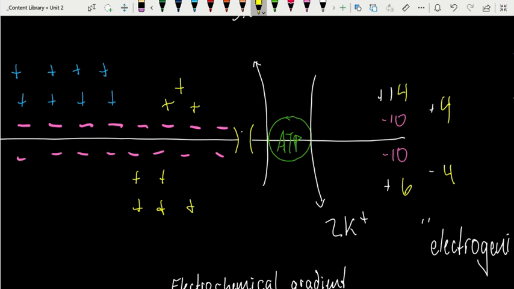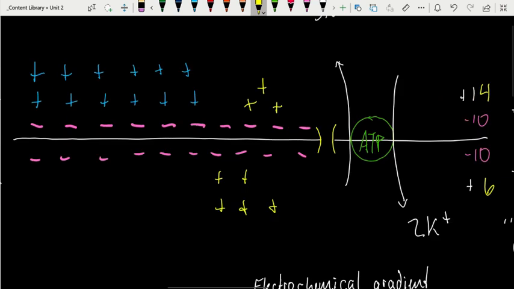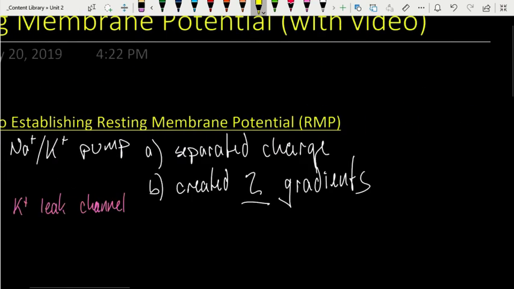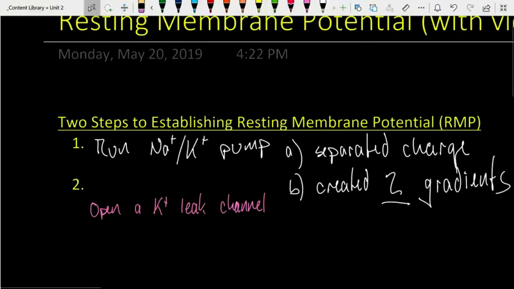But this resting membrane potential is defined not by just moving some potassium out, but by a constant stream of potassium leaving the cell. What that means is if I increase potassium permeability, and by permeability, I'm essentially saying let's just open more doors.